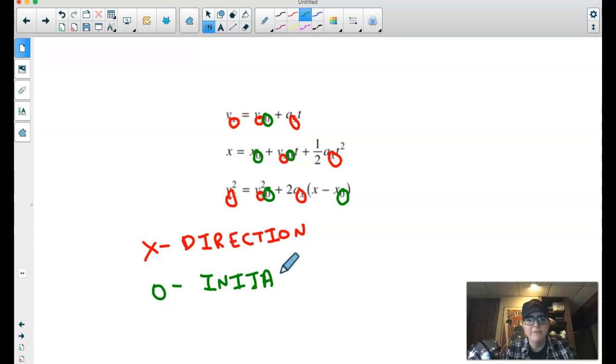And so when you have a v with a little 0 after it, that means you're talking about initial velocity. When you have an x with a little 0 after it, it means you're talking about initial position.